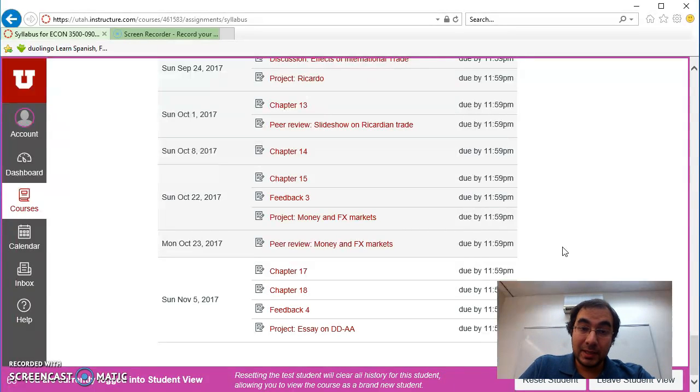As always, you should be able to review your peers' assignments using the assignments that are created directly by Canvas. Alternatively, there is also a discussion thread for the peer review, and you can also write your peer review there.